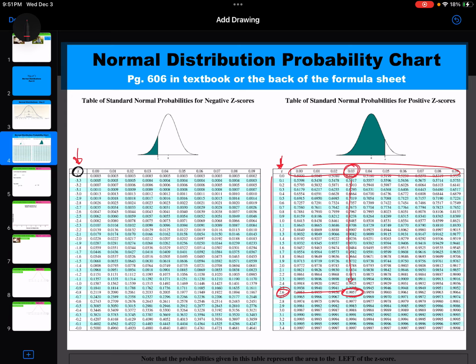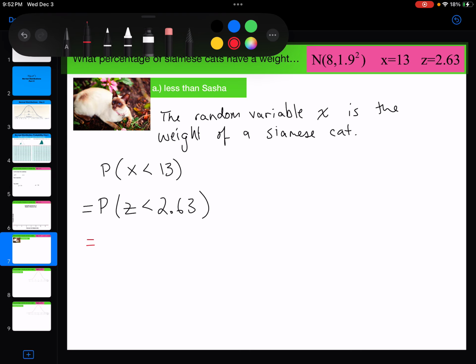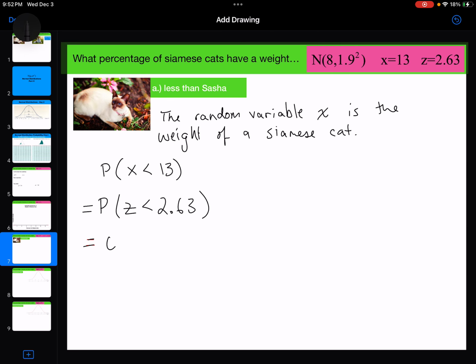Okay, so hopefully you paused and you took a peek at that. So if we go back to our actual work, this was 0.9957.